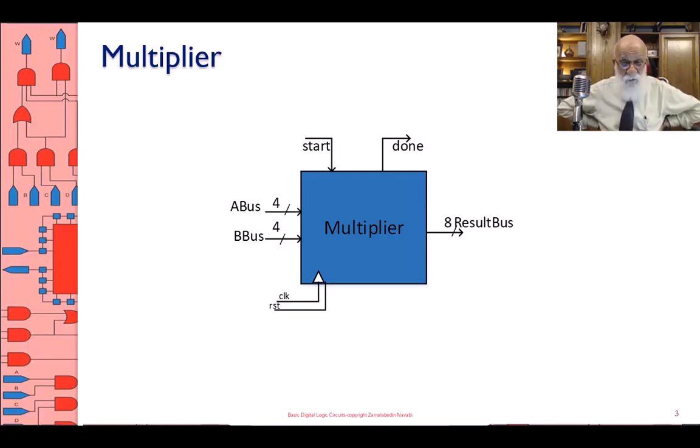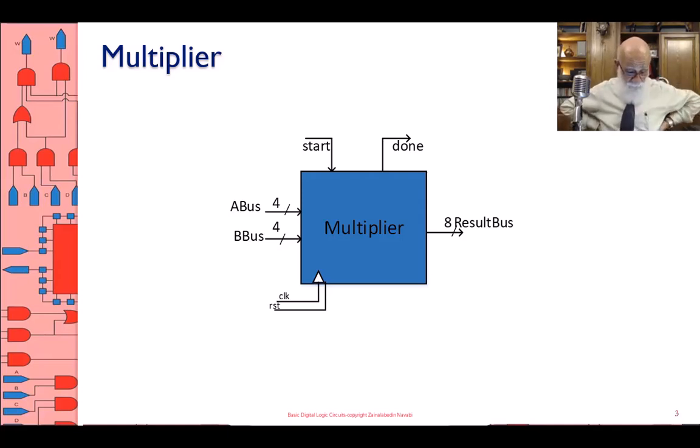I'm going to show you 4-bit just so that it's simpler to look at, but you can easily turn what I'm showing you here from a 4-bit multiplier producing 8-bit results to a 16-bit multiplier producing 32-bit results. The bigger it gets, the less sense this technique makes. It becomes more impractical.